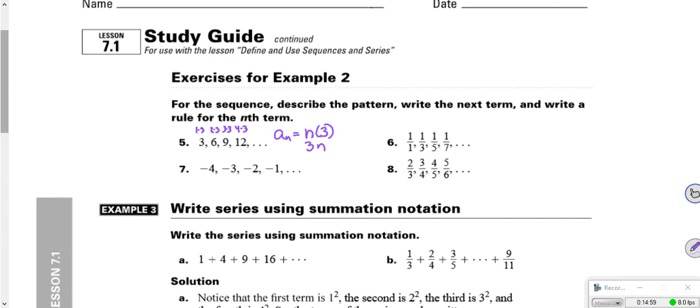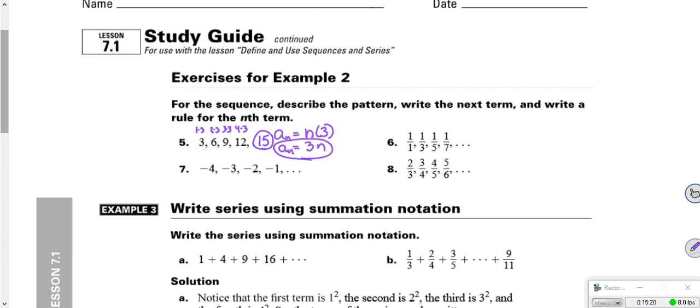And then it says, write the next term. Of course, the next term would be a 15, right? 3 times 5. So here's our rule, and here's our next term, 15. That would be what I'd be looking for.